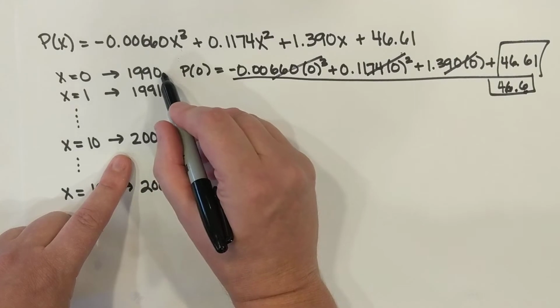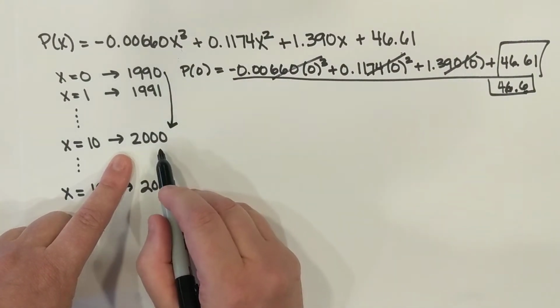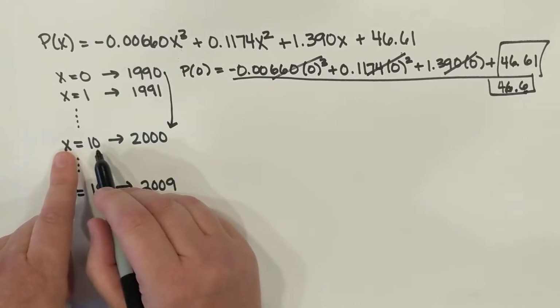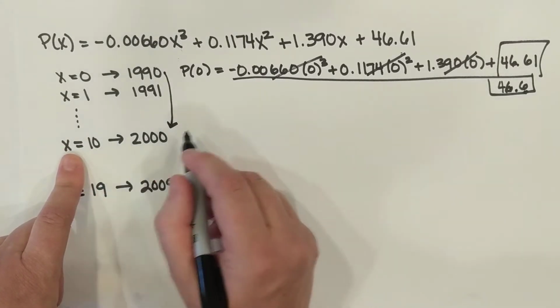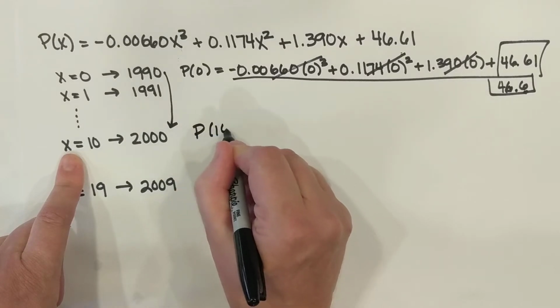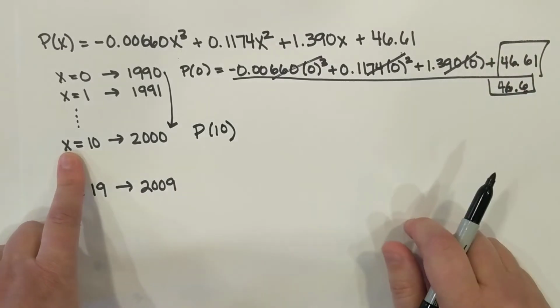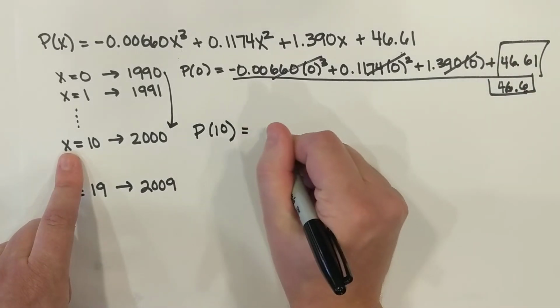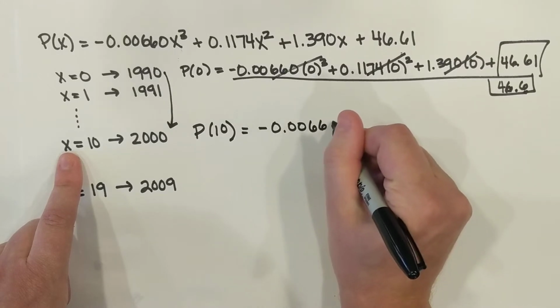Okay, so if we start in 1990, how many years later would it be to 2000? It would be 10 years later. So I would type in 10 in my calculator and just plug it in for each x. So this one would look like this one again, our function.